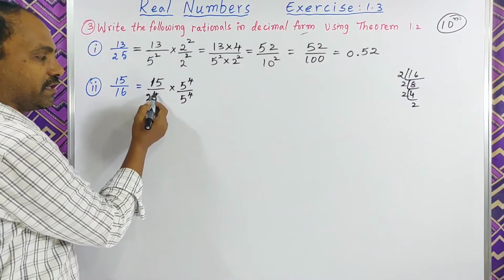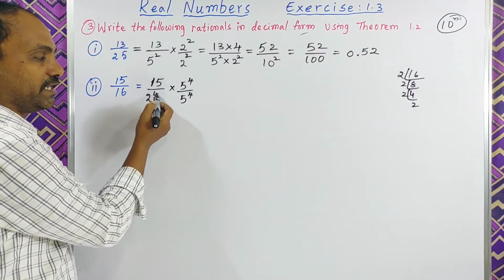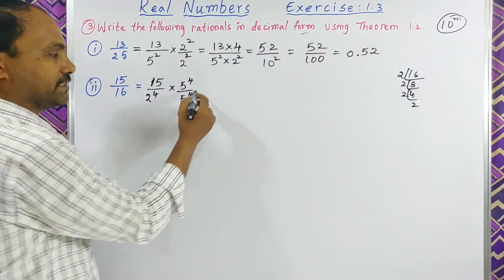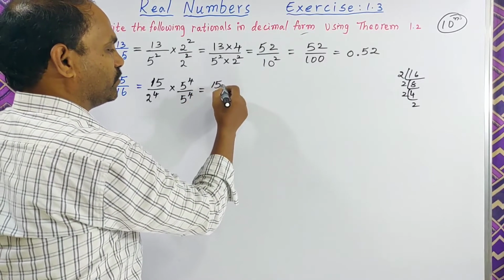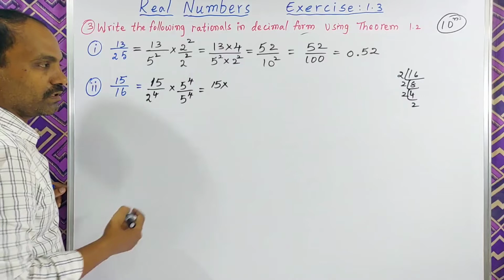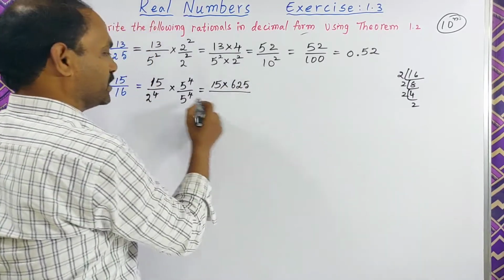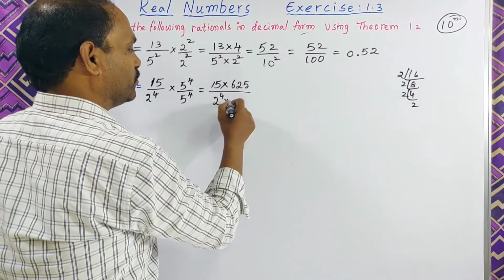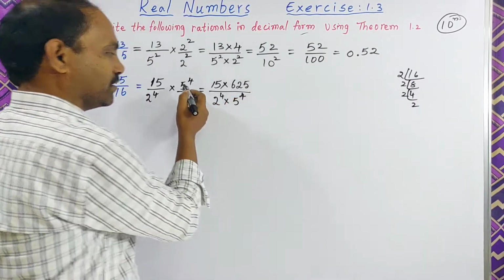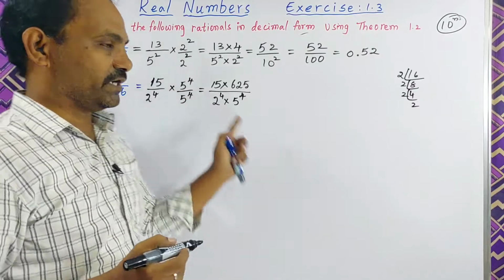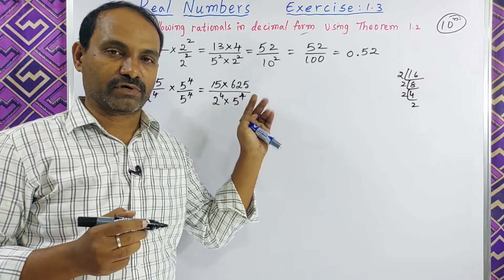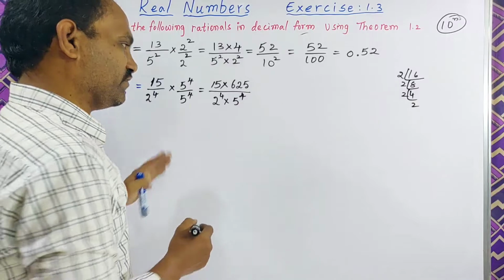Remember, you should take the same exponent here also. 15 into 5 power 4 is 625 into 15, over 2 power 4 into 5 power 4. 5 power 4 means 5 into 5 into 5 into 5, 4 times. 25 into 25 is 625.